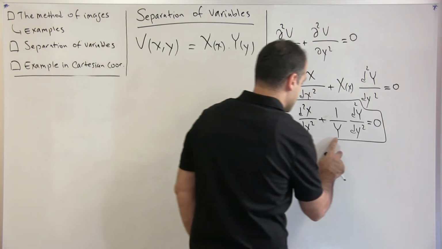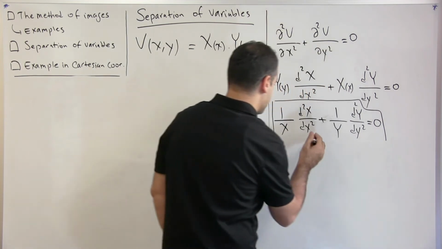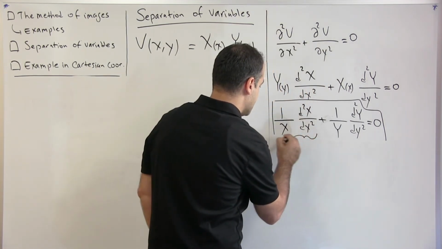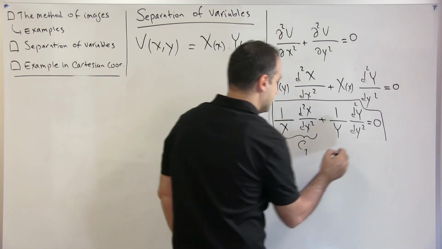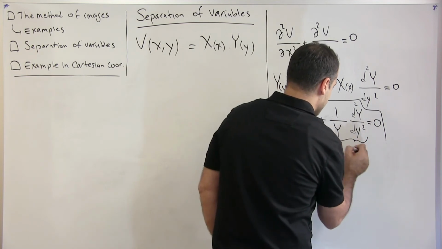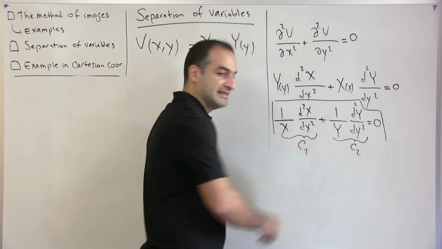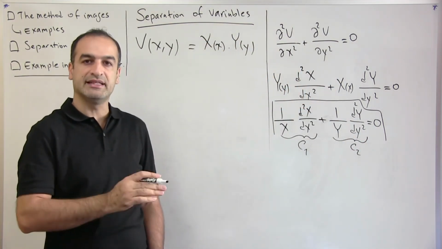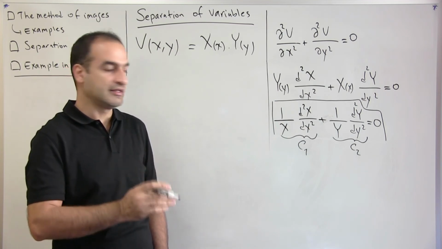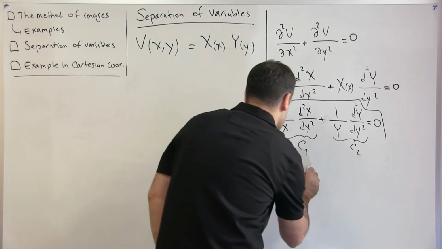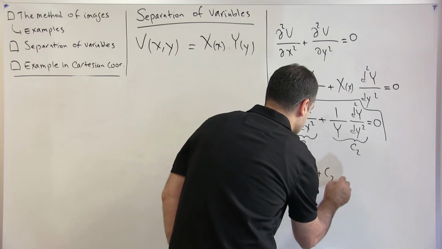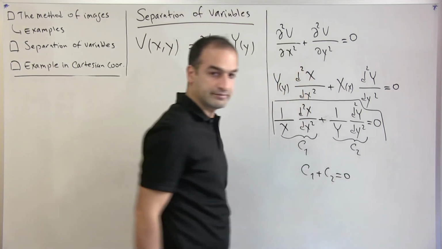So this can only happen if the first term, let's say this is C1, and the second term is C2. C1 and C2 should be constants, independent of x and independent of y, with the condition that C1 plus C2 must be 0.